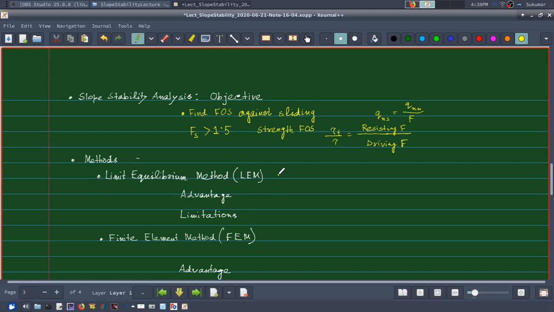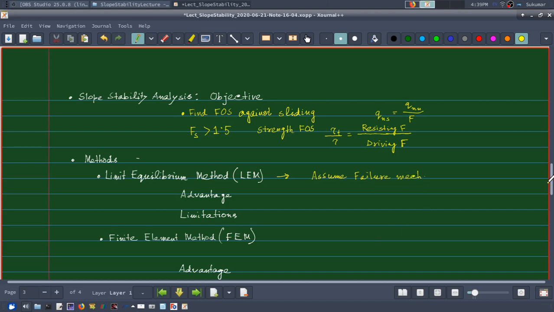In the limit equilibrium method, we assume a failure mechanism, and then we find the factor of safety for that failure mechanism. I need to find the minimum factor of safety by assuming different failure mechanisms.